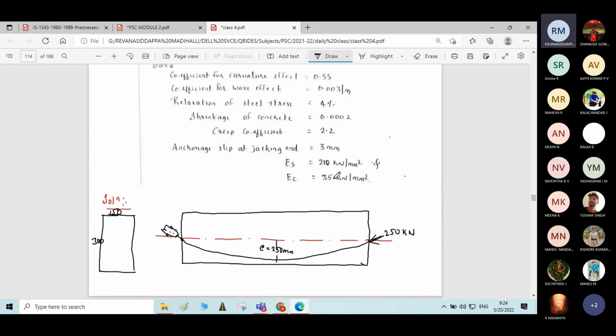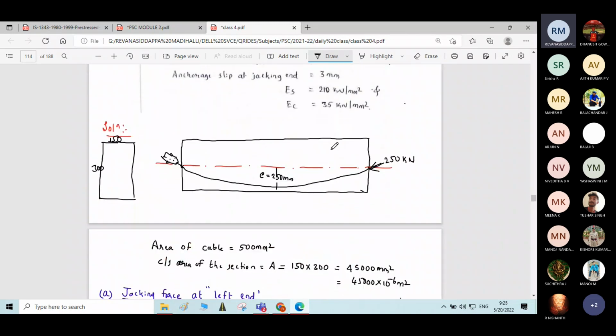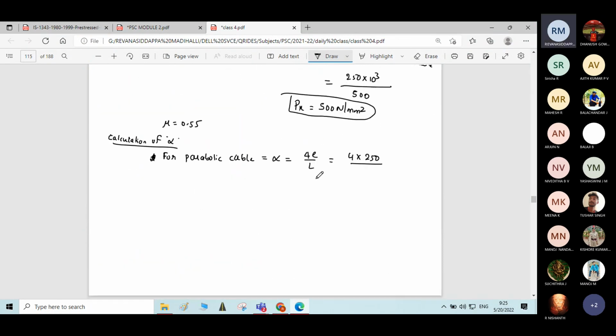How much is it given? Length of the beam is given as 10 meter.